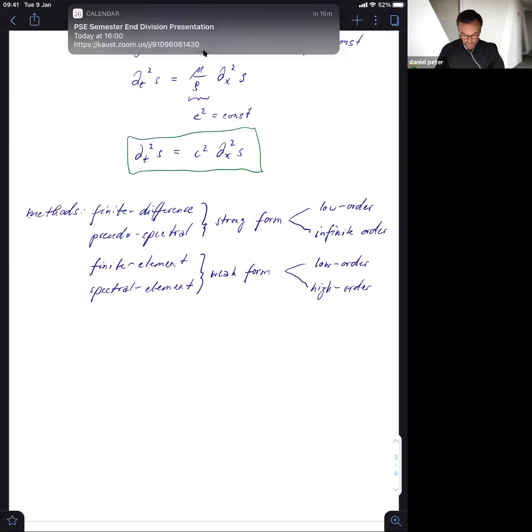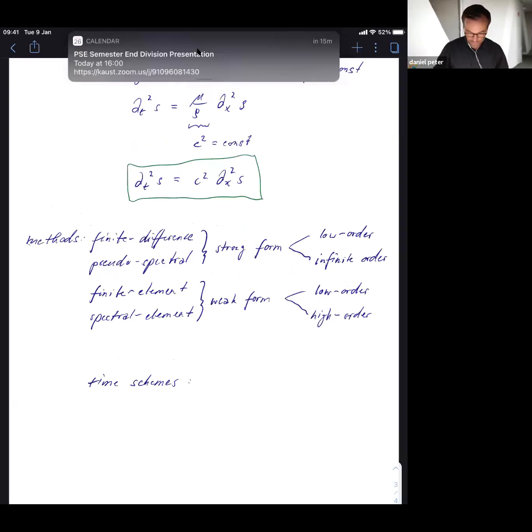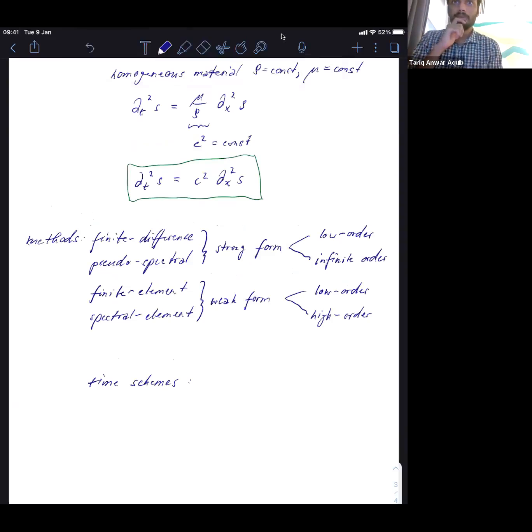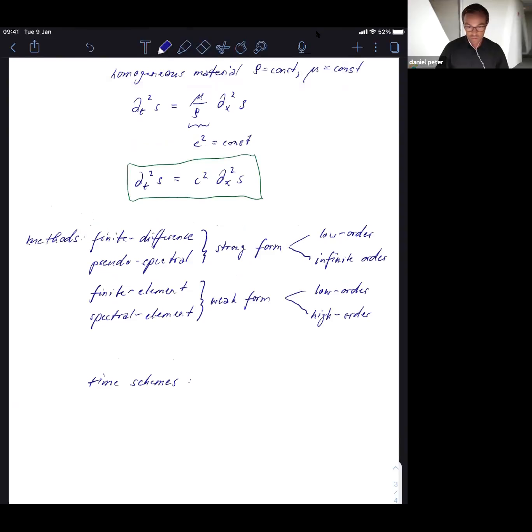But when it comes to the time schemes, the main difference that we saw in time schemes is what? You still remember what the main difference was with these time schemes? How we called that? Explicit and implicit schemes. Right.